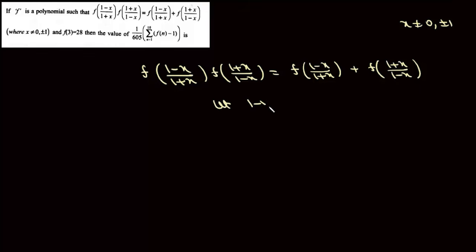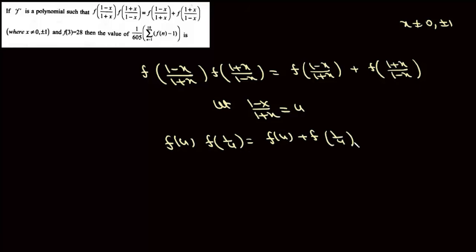So we'll let (1-x)/(1+x) as u. So it'll be f(u) into f(1/u), and it'll be f(u) plus f(1/u), which is a standard equation. And we know that for this form, f(u) will be plus minus u to the power n plus 1. So your function f(x) is plus minus x to the power n plus 1.